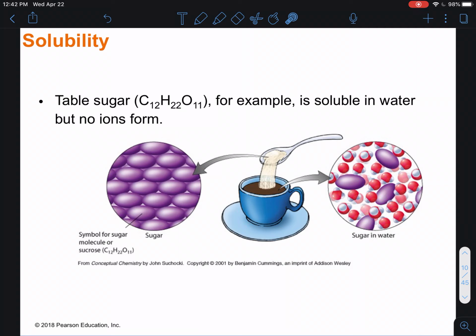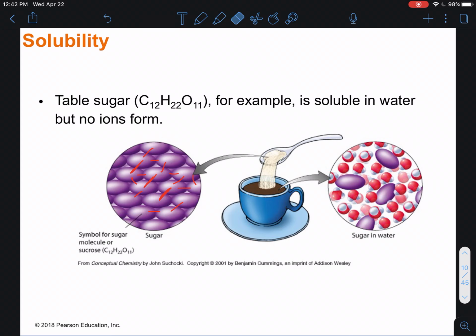When we throw it in water, for example, what looks like a cup of tea, the attractive forces between the sugar molecules, all these attractive forces, break apart because the attractive forces between the solvent, which is water, and the solute, which is sugar, are greater.